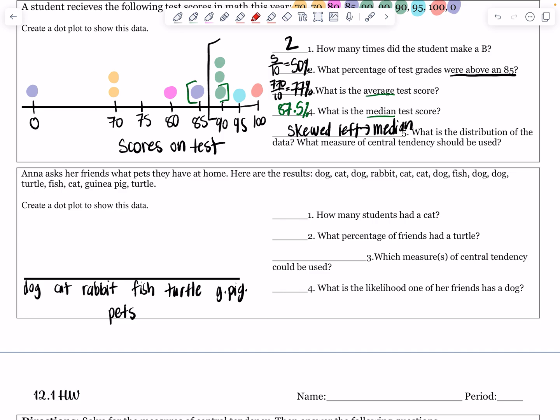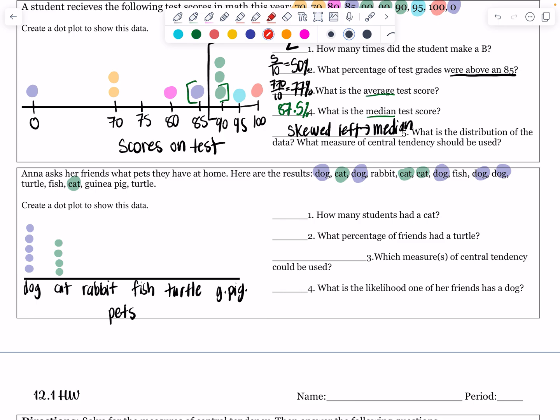So how many had dogs? Dog, 2, 3, 4, 5. There were 5 dogs, so I'm going to put 5 dots there. You could also use X's. Some people use X's on this. Cats, 1, 2, 3, 4 cats. So this is a really good visual display.